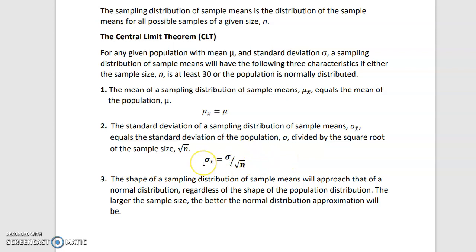And then it also tells us that the standard deviation of the sampling distribution should equal the population standard deviation divided by the square root of the sample size. So for a sample size of 2, remember the population standard deviation is 2.8. 2.8 divided by the square root of 2, I calculated with my calculator, is 1.98.